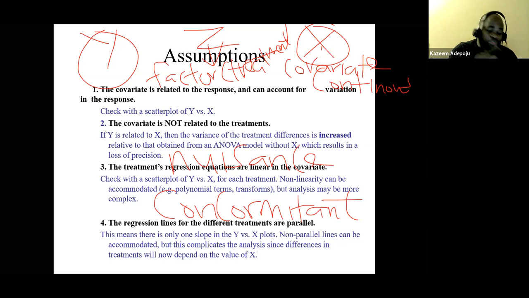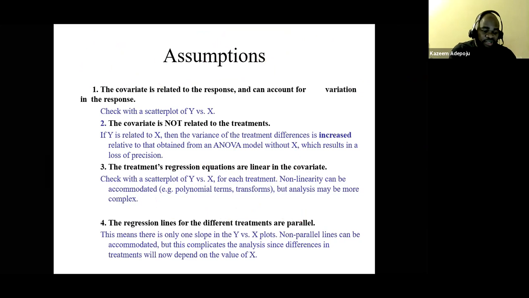Number two assumption is that the covariate should not be related to the treatment. You remember in multiple linear regression, when you have more than one predictor, we say that the predictors must not be related, right? Multicollinearity.